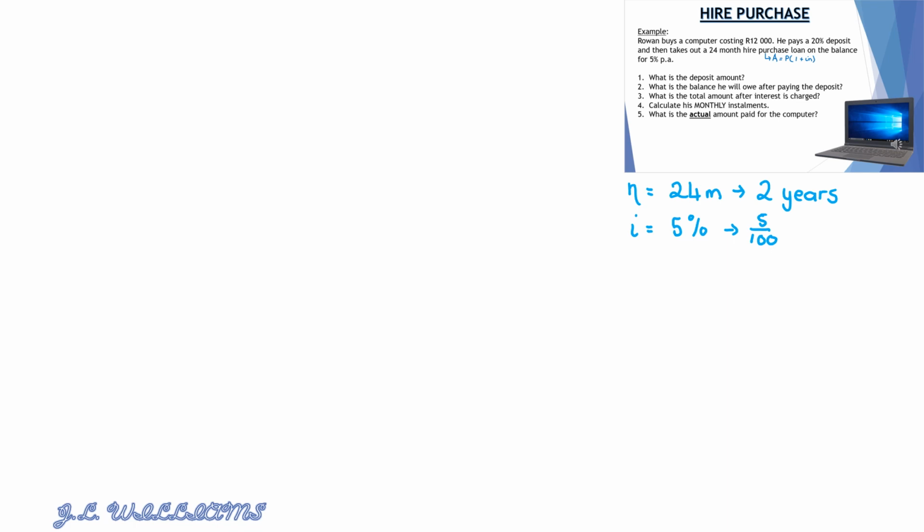So question number 1, what is the deposit amount? So the deposit is 20% of the total cost. So we go 20 over 100 multiplied by 12,000 Rand, and this should give you 2,400 Rand, when typed on your calculator. The second question is what is the balance that he will owe after paying the deposit? So instead of owing a full 12,000 Rand, he owes 2,400 Rand less.